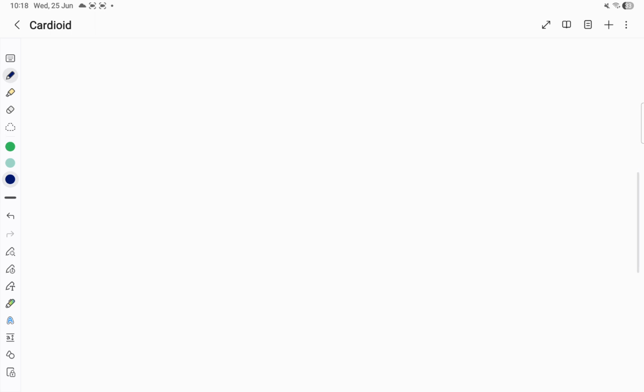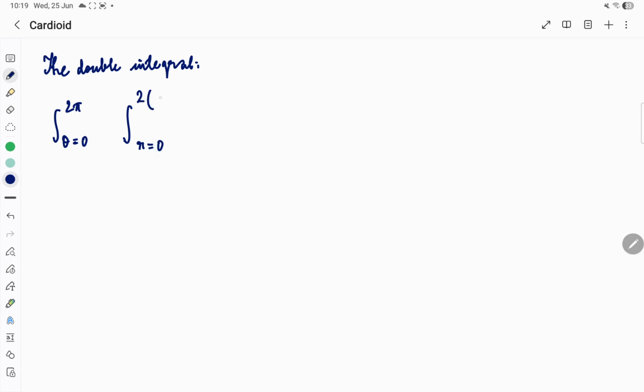Now this has got nothing to do with solving the double integral. We are trying to find the area enclosed by this curve.